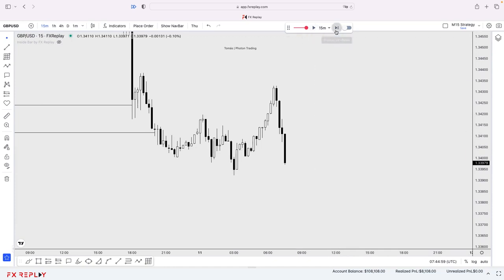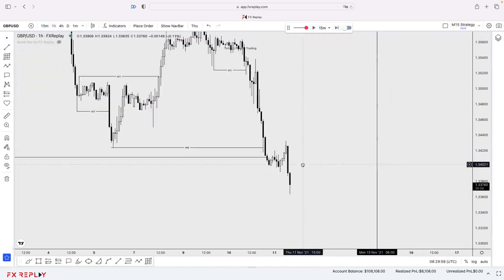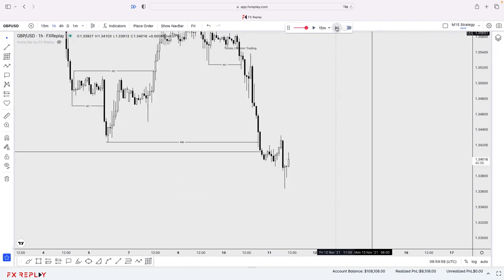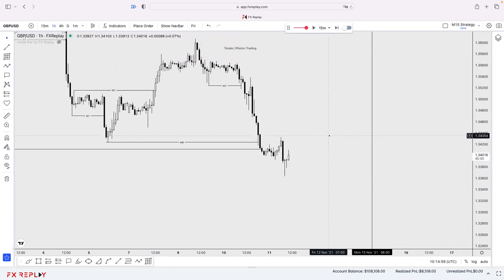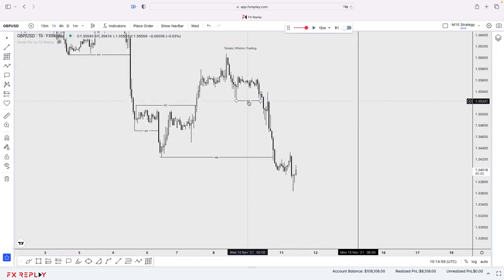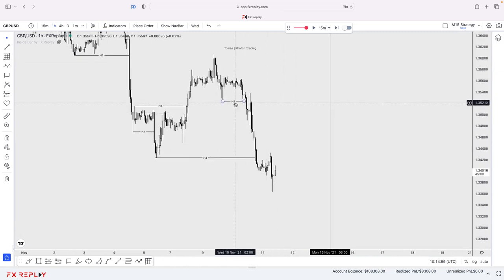Let's see. Okay, price continues down. Okay, I'll just delete this because I want to focus on this recent price action. To be honest, I know this is aggressive, but I like to be aggressive with this.